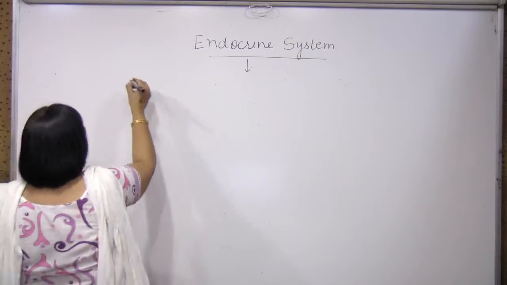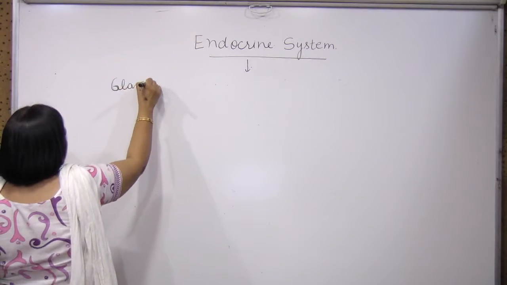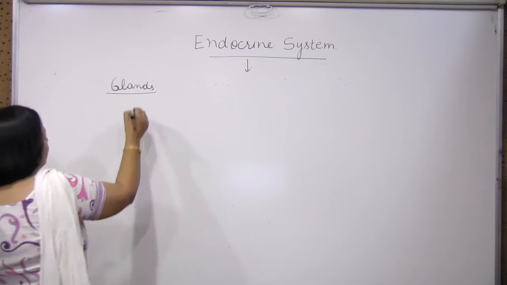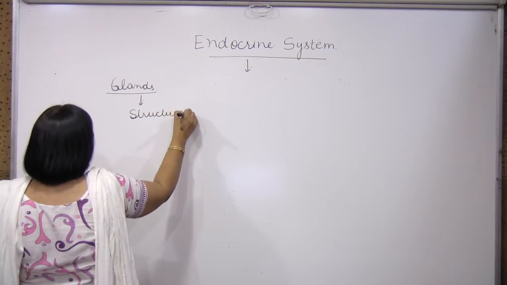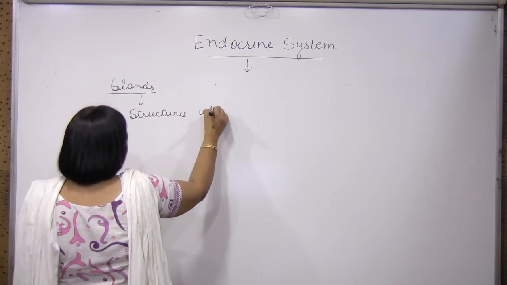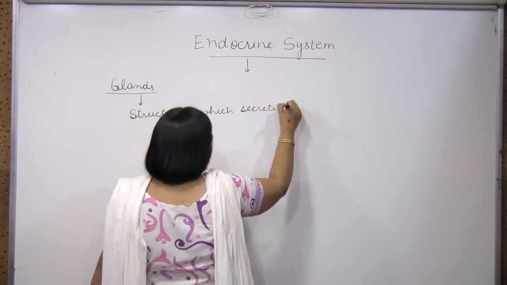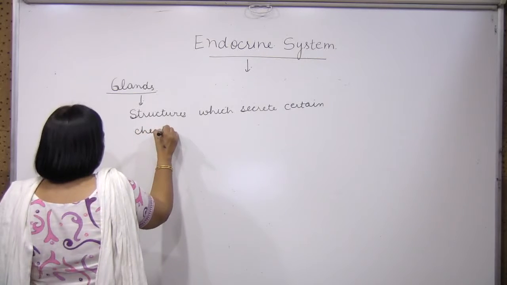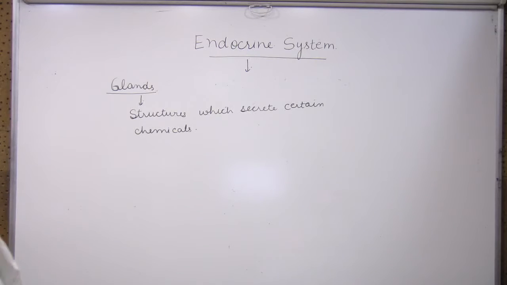Then we come to glands. What actually are glands? Glands are the structures which secrete certain chemicals.